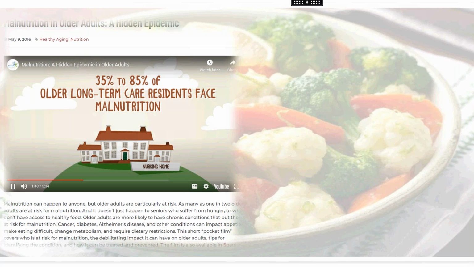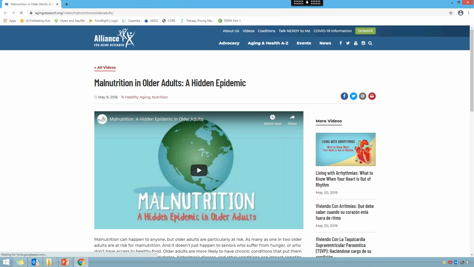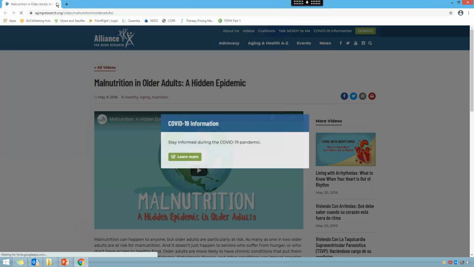So when you're looking again at this, it's malnutrition in older adults. It's talking about a hidden epidemic that is here. 35 to 85% of older long-term care residents face malnutrition. If you were to click on this picture, it's going to take you to a 5-minute video that is related to this, and you'd be able to watch that at your leisure.